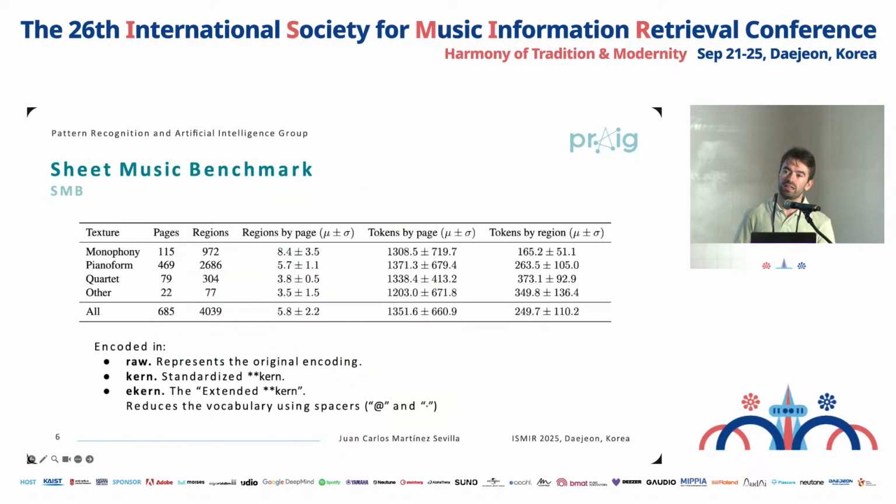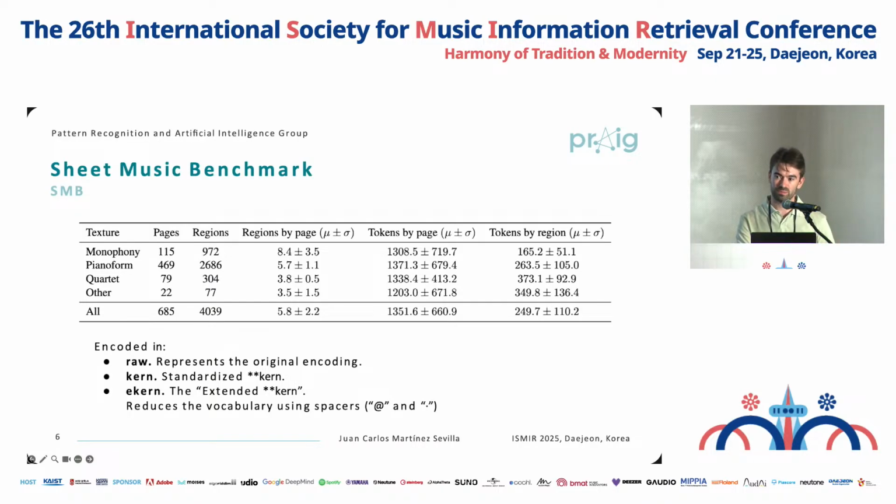I also wanted to highlight that the dataset is 685 pages in size, and we focused on cleaning the encoding because we chose to encode everything in Kern. So we managed to standardize, but we keep the raw format, the Kern, and the eKern, which is a sort of tokenization, so we can reduce the vocabulary size.